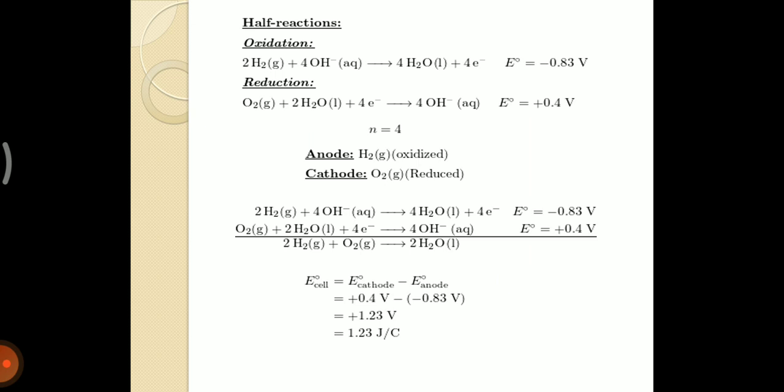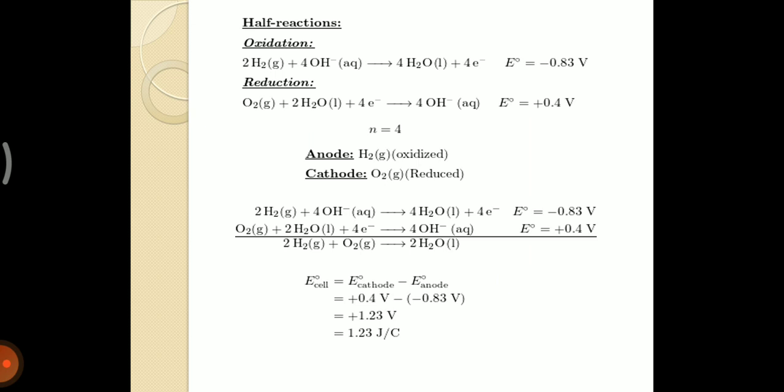In the cathode compartment, the reduction reaction occurs. Oxygen is reduced and reacts with electrons and water to form hydroxide ions. The EMF value of the cathode compartment is plus 0.4 volt.